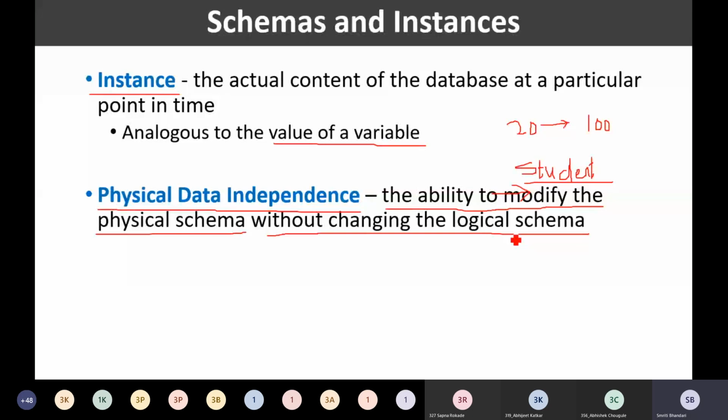But at the physical schema, how those 4 components are actually stored is described, the data structures. So physical data independence means I am able to modify my physical schema without affecting the logical schema. That's all.